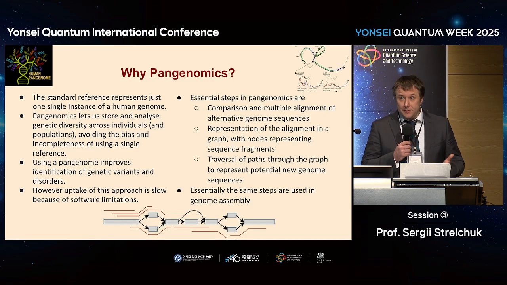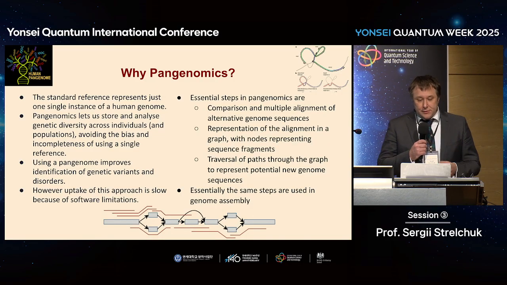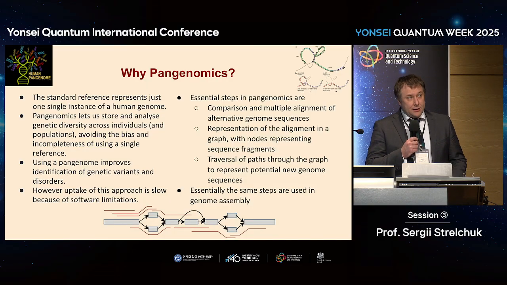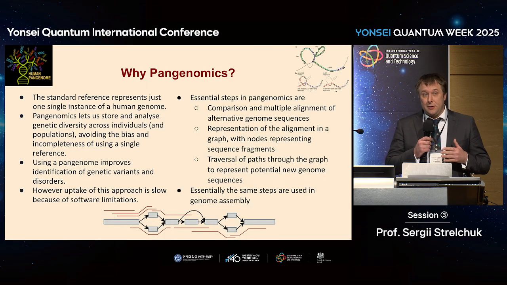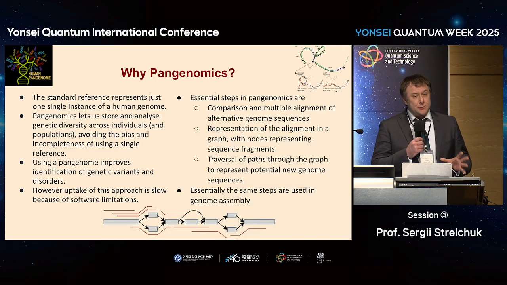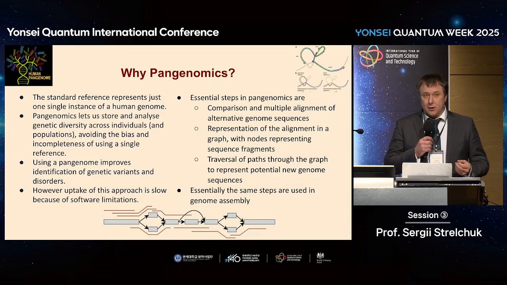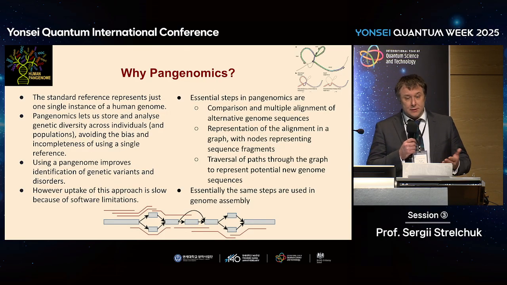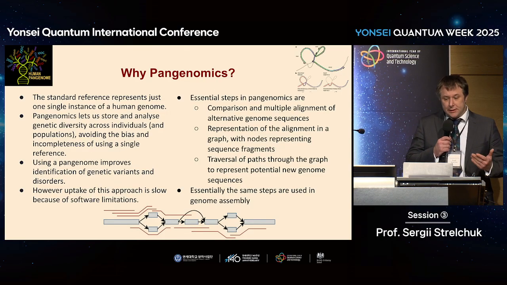So using a pangenome instead of a genome improves identification of genetic variants and disorders. Currently, the uptake of these ideas is rather slow because it's limited by classical software limitations, but also computational problems that are often intractable or not easily tractable.